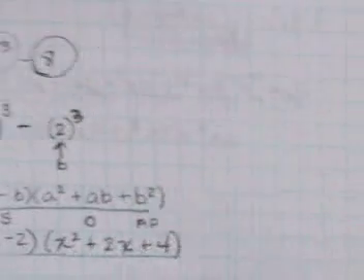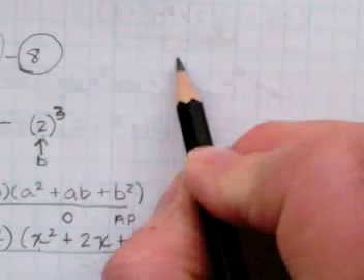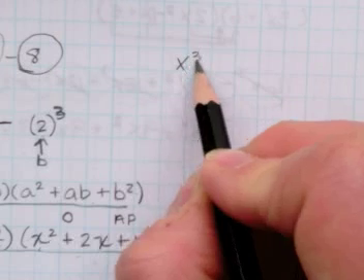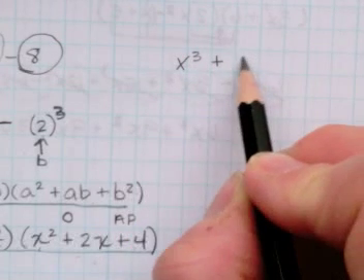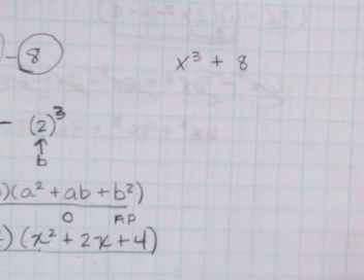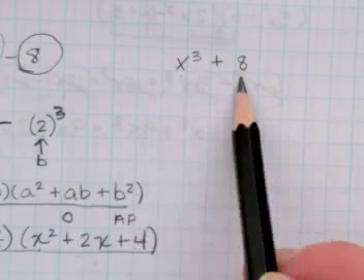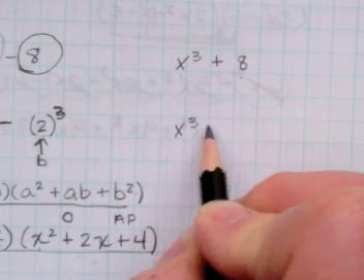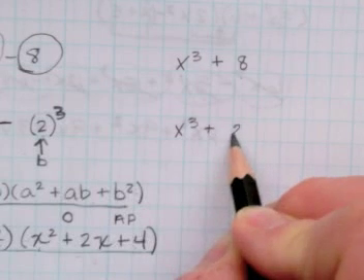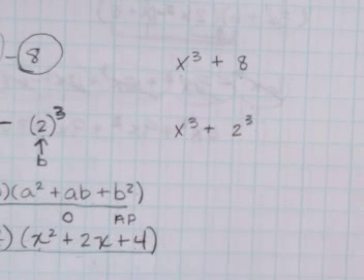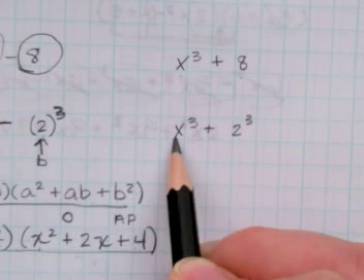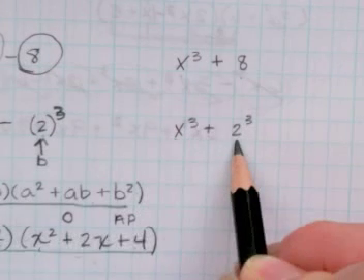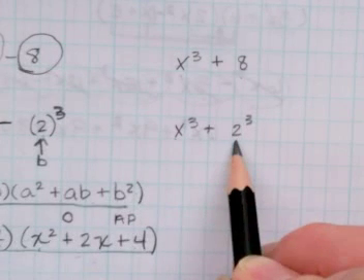I want to change the problem just a little bit and show you how it works when it is the sum of cubes. And we'll notice there are a lot of similarities. First of all, we have two terms, and both of our terms are perfect cubes. Again, x is going to be A and B is going to be 2.